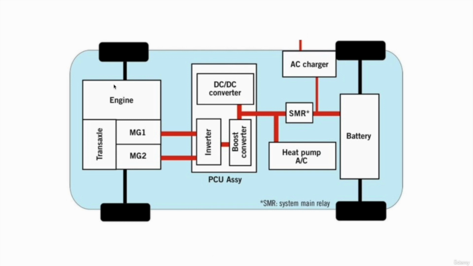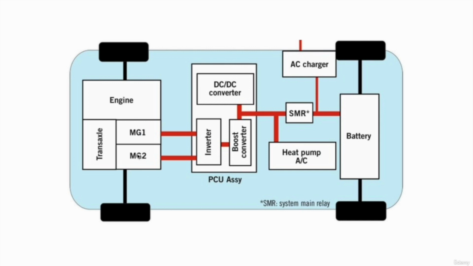As you can see here, we have our engine. This is a front wheel drive. Here is our engine. This is the IC engine, which uses pistons, your petrol engine or diesel engine. Then we have the transaxle. In the transaxle, we have MG1, which is your generator, attached to this engine.